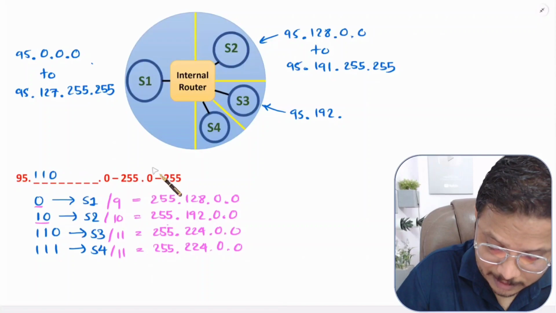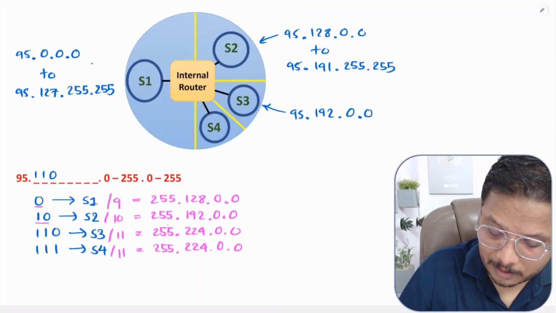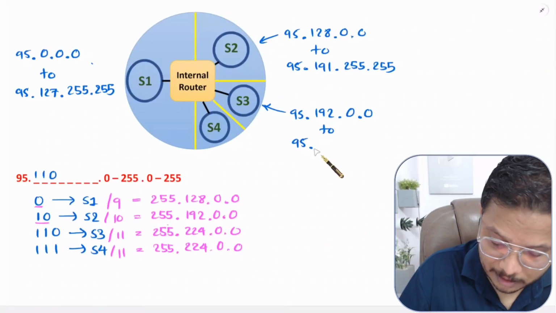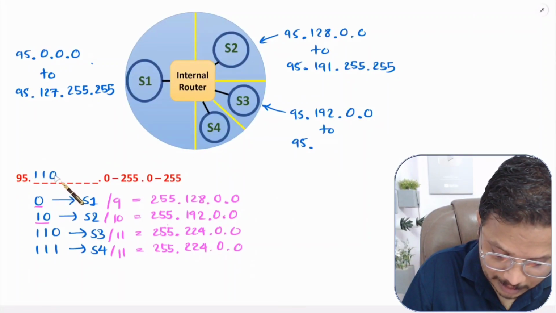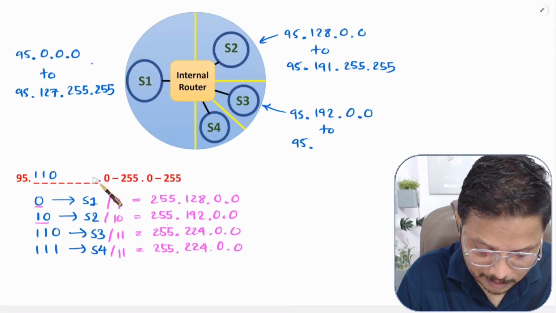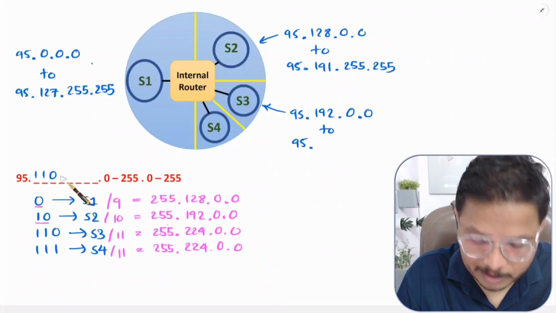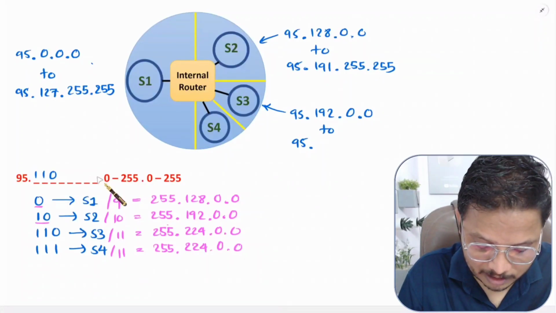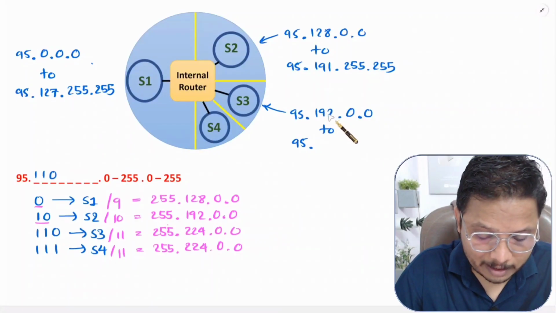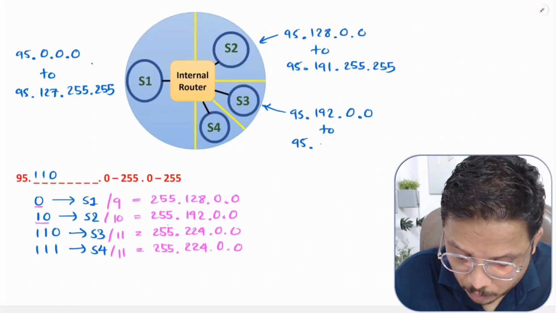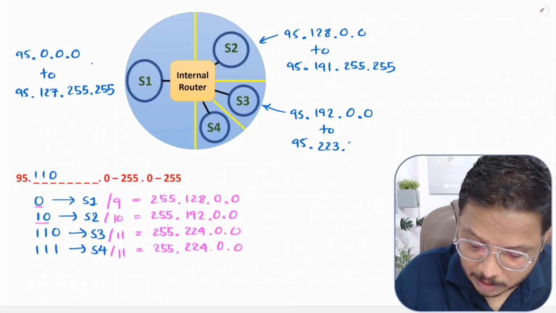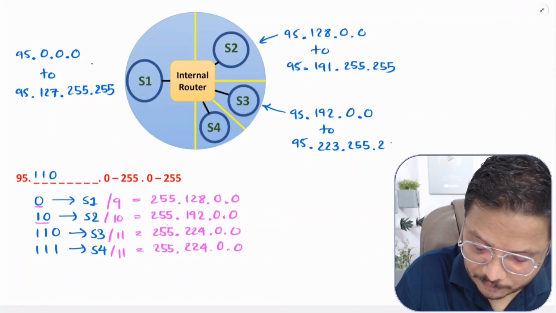Then all zeros means dot 0, and it will range up to 95, that is the network ID. Then you see 110, then all ones over here. So you see 5 ones, that will be 31. 31 plus 192, that will be 223, and all ones means dot 255 dot 255.